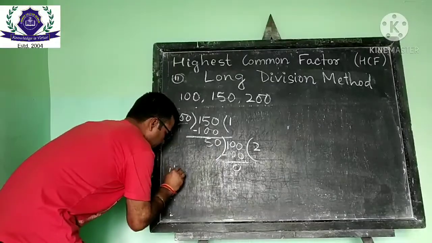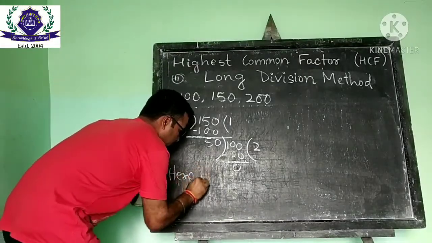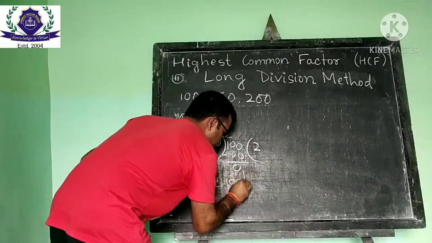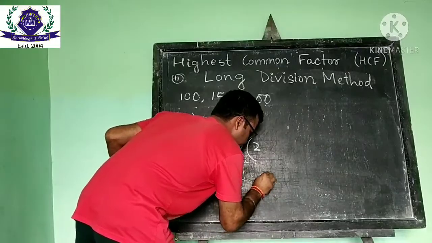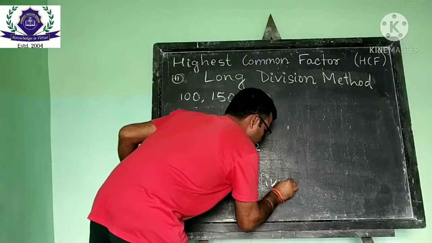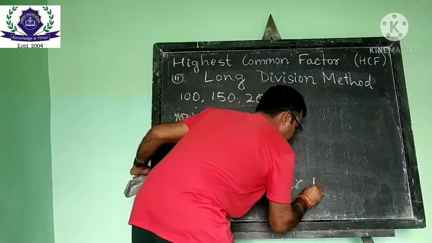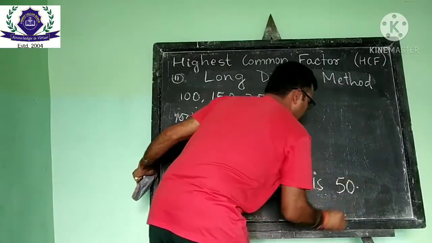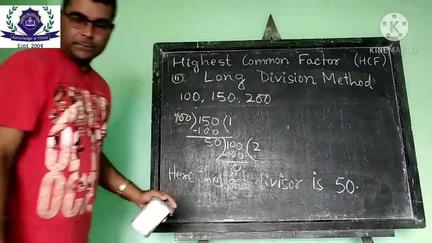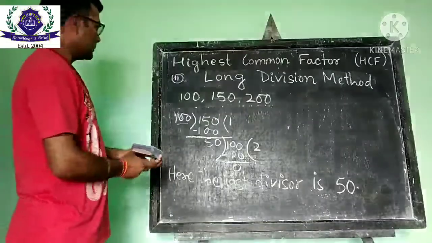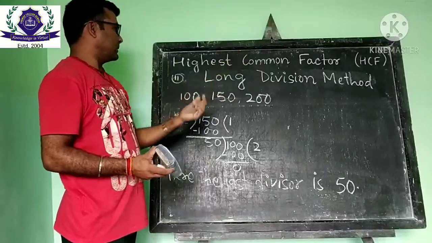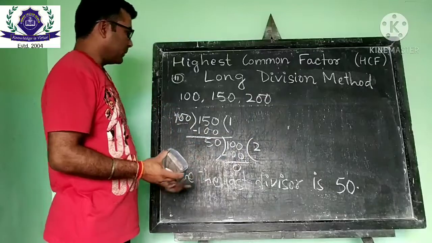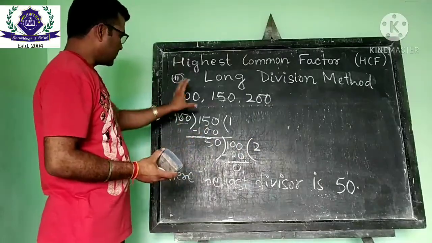Here the last divisor is 50. Suppose there were only two numbers, 100 and 150, and you had to find the HCF of these only, then this last divisor would be the HCF of these two numbers.